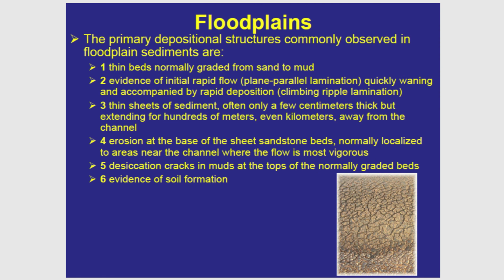So the primary depositional structures that are observed in these flood plains will be thin beds, which are normally graded. There will be evidence of initially rapid flows, which usually is accompanied by relatively flat lamination, and then because of the waning you reduce the energy and you start to enter the realm of ripples. So you get climbing ripple lamination, and then you have thin sheets of sediment that will form again when you slow down even further these flow events.